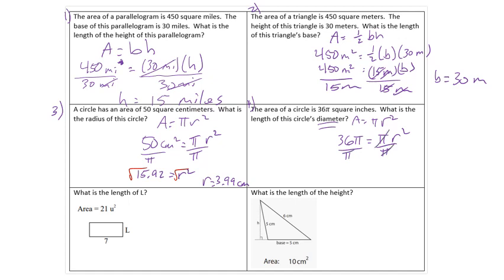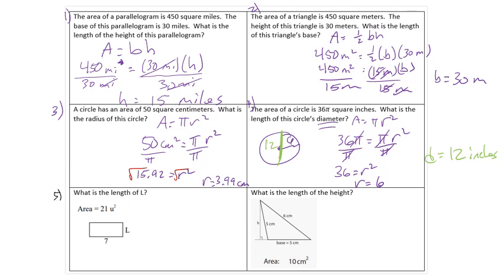Pi's cancel there. 36 is equal to r squared. Take the square root of both sides. You get 6. So the radius is 6. So in my circle, this is 6, which means that this diameter here would be 6 plus 6 or 12. So diameter is equal to 12, and the units is inches. So 1 foot, 12 inches.